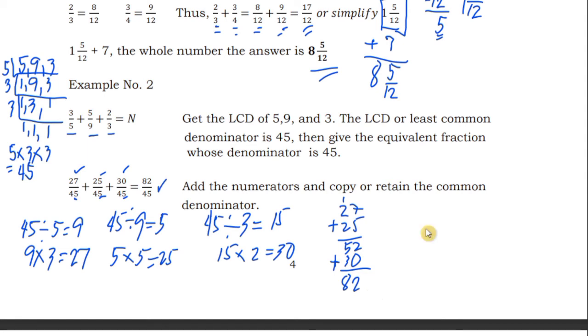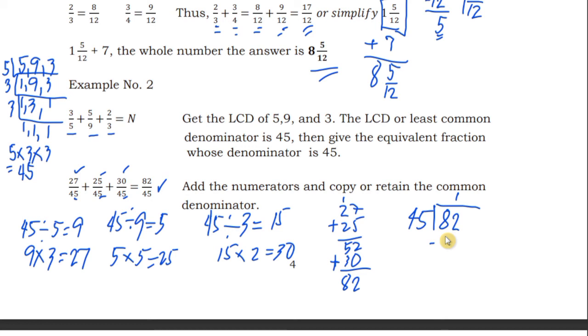Take note that we have an improper fraction, so we have to change that into a mixed number. So 82 divided by 45. 82 divided by 45 is 1. So 1 times 45 is 45.